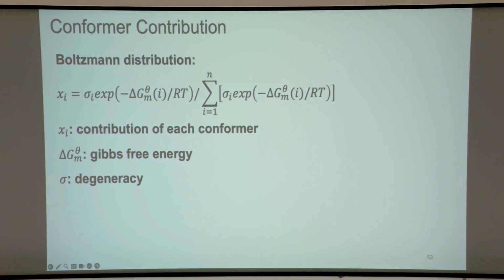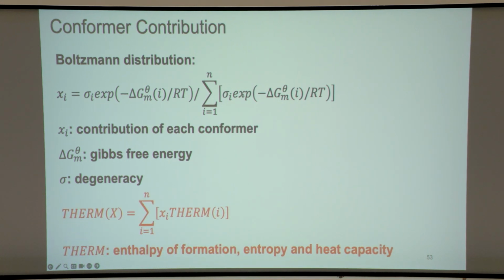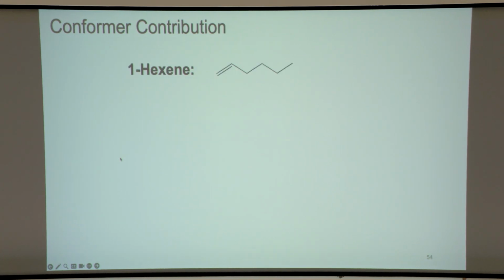So Xi is the contribution for one conformer. So you take one conformer's Gibbs free energy divided by the Gibbs free energy for all the conformers. And again, this is all there in codes. It's available to calculate. All you need to do is provide the conformers Gibbs free energy, which you can get, of course, from the quantum chemistry calculation.